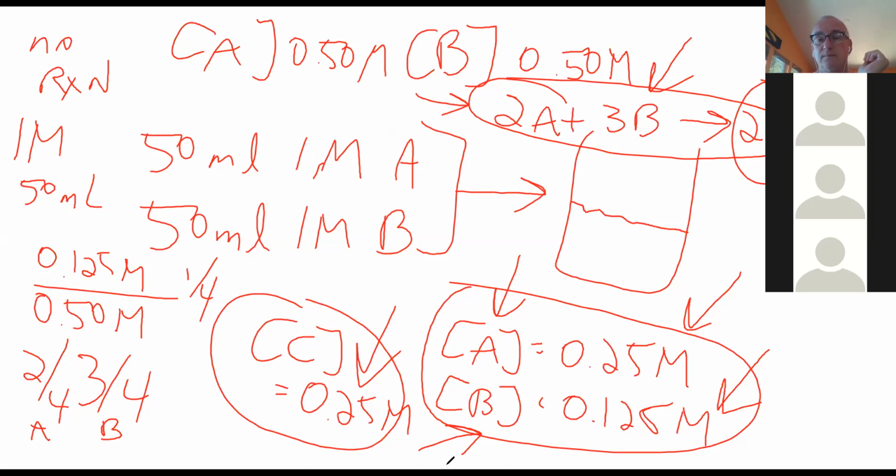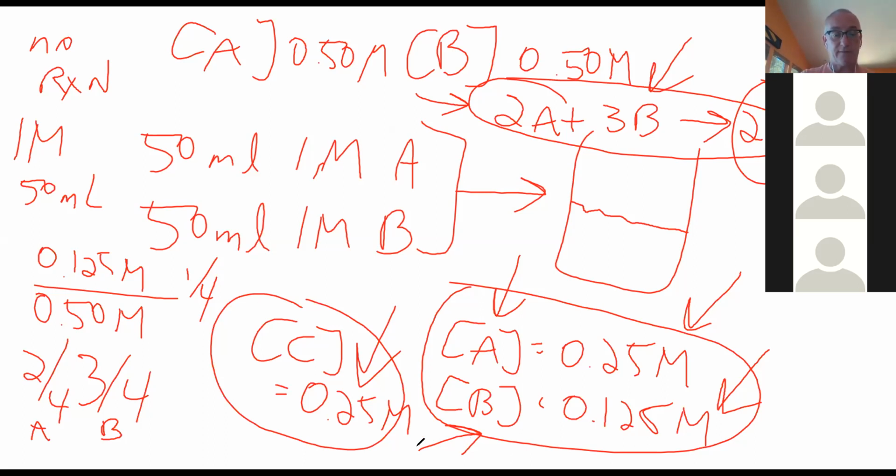And if you have leftover C, that's okay. If you didn't add any C and C is there, then it's a product, right? You automatically know it's a product because you didn't add it; it was created. So that's a really good point.